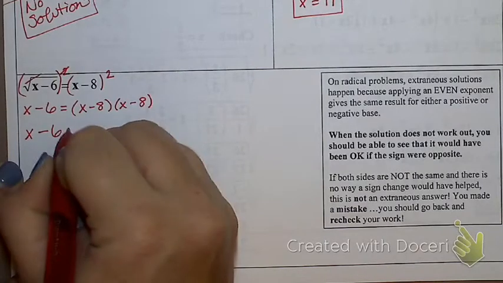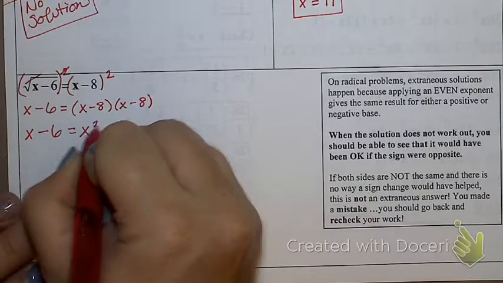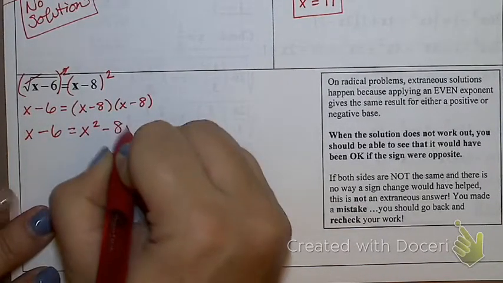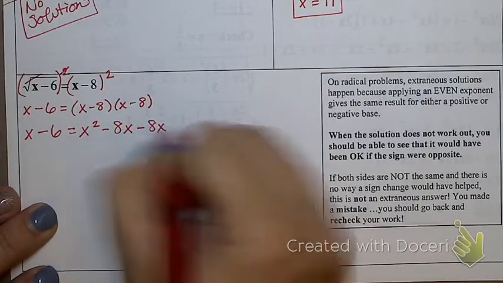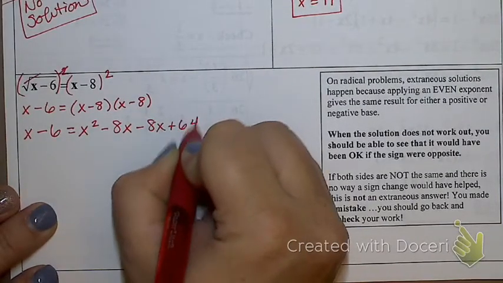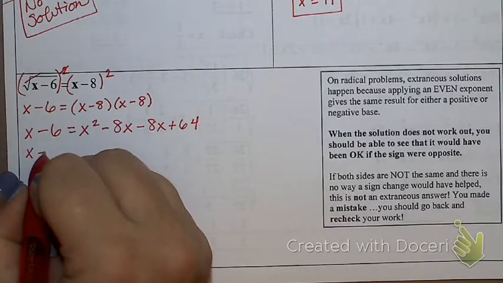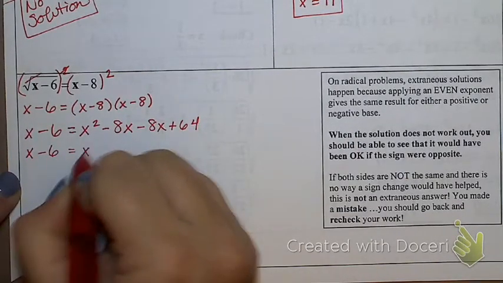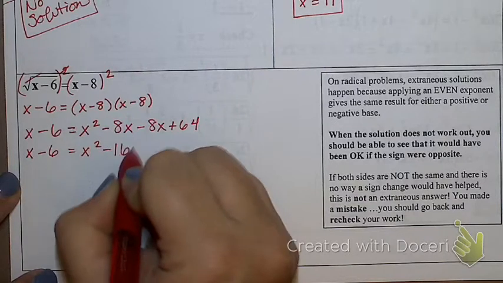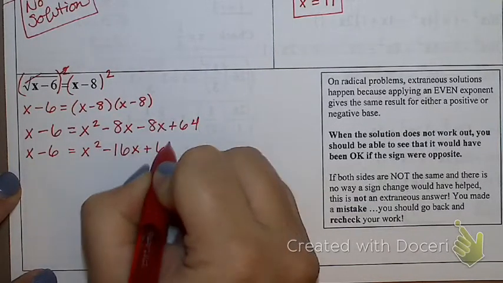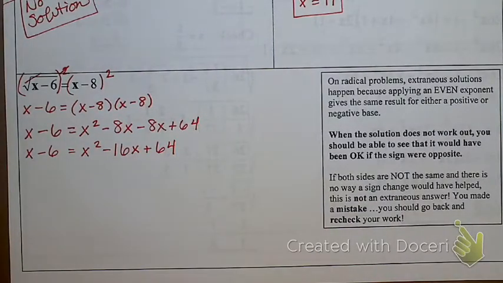So I have x minus 6 equals x squared minus 8x minus 8x plus 64. Yes? x minus 6 equals x squared minus 16x plus 64. Where do I go from here? Why?